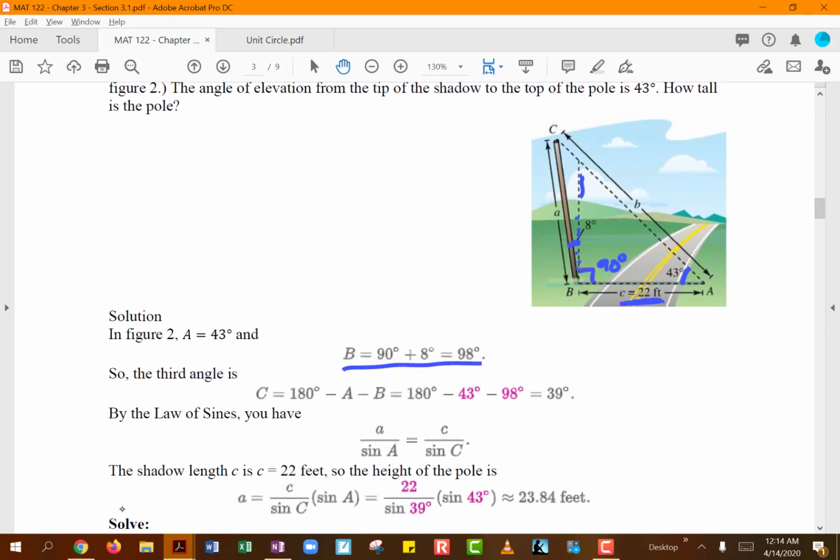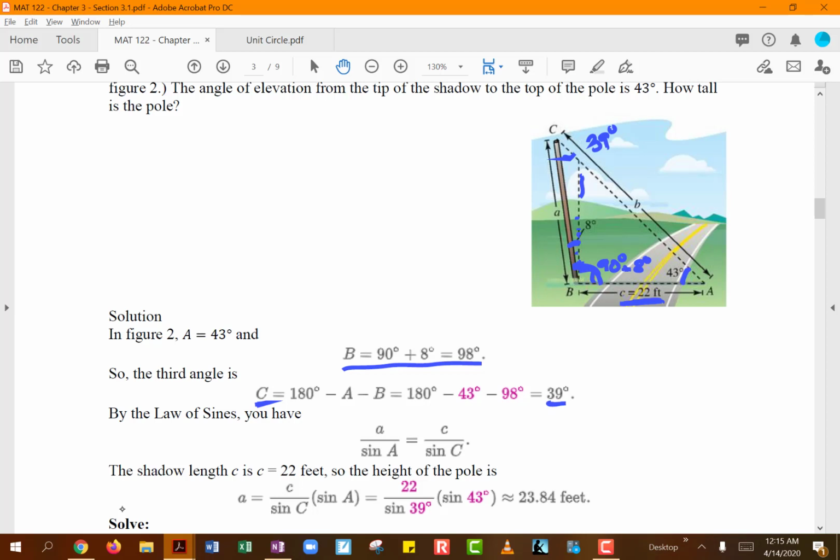So they're talking about this entire angle that you make from the pole all the way to the ground, which is going to end up being 98 degrees. We already know angle A is 43 degrees. So using those two angles, we can go ahead and calculate our angle C. So that would be 180 minus 43 minus 98, which would end up giving us 39 degrees for this angle C.